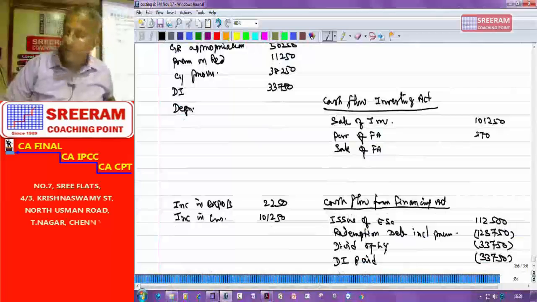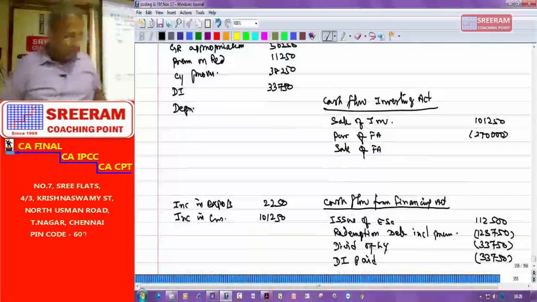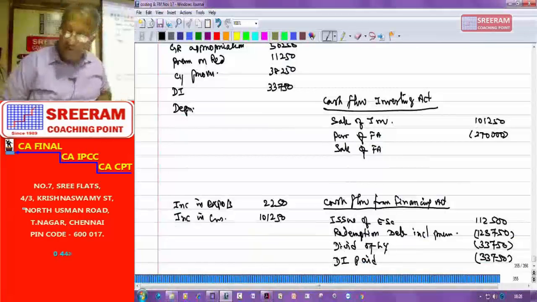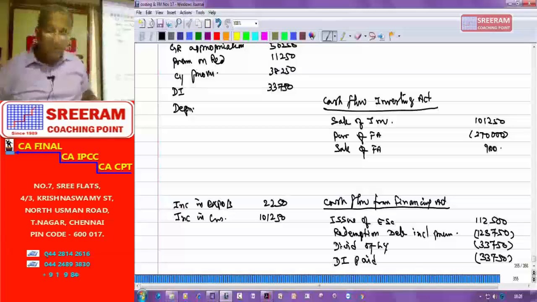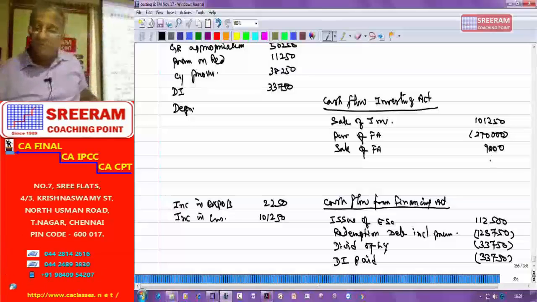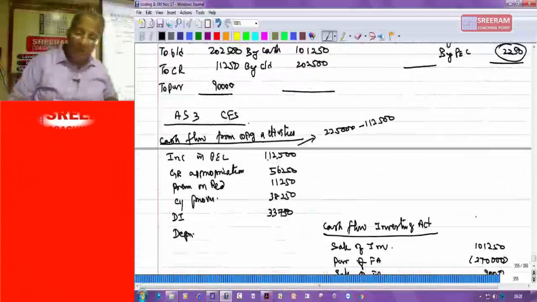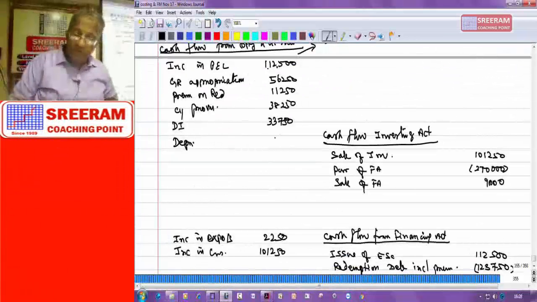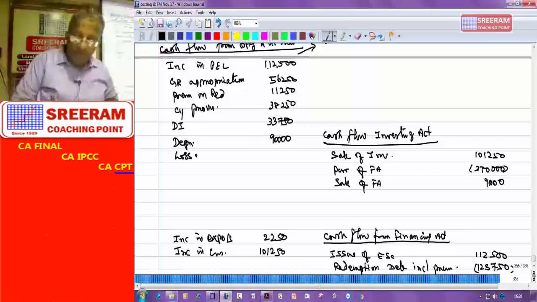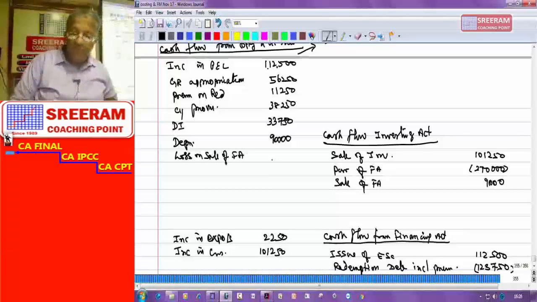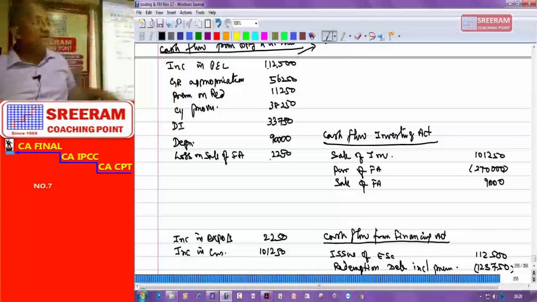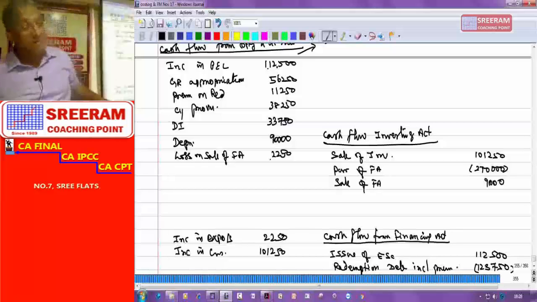Purchase of fixed asset within brackets. Sale of fixed assets without brackets 9,000. Depreciation. How much was the depreciation? 90,000. Then loss on sale of fixed asset. How much was that? 2,250. For provision for taxation, she was reminding that we have forgotten. So we have got to take up.